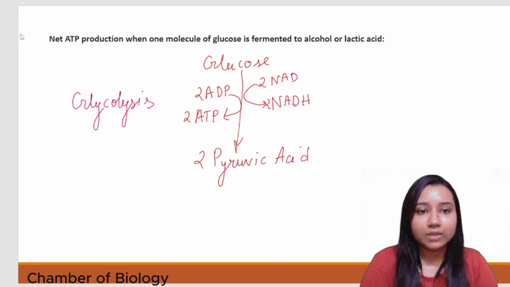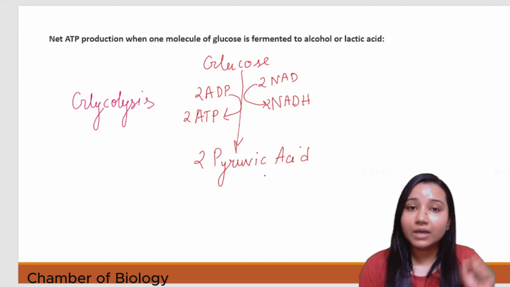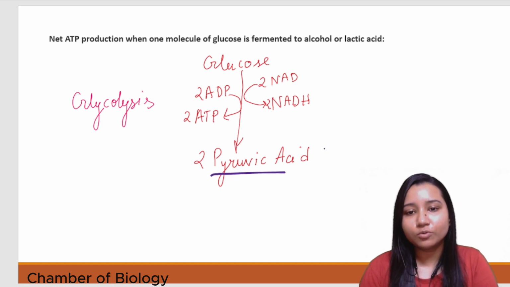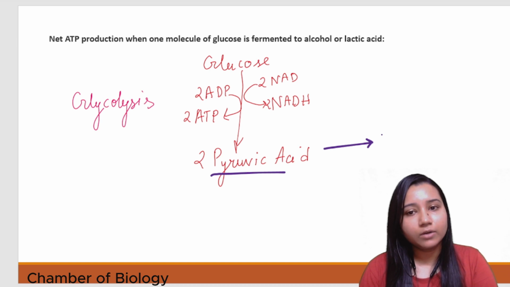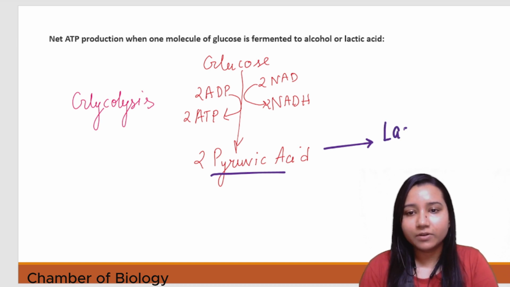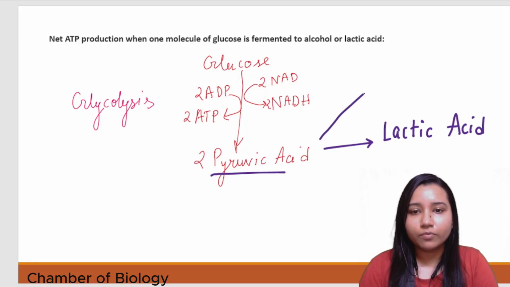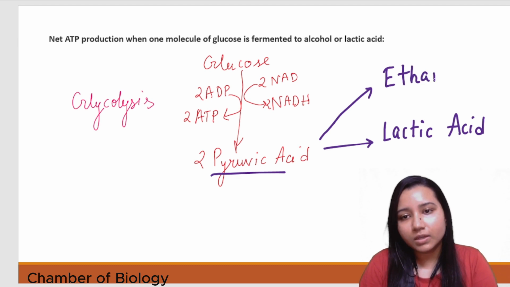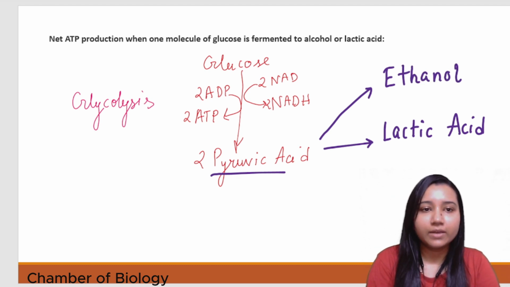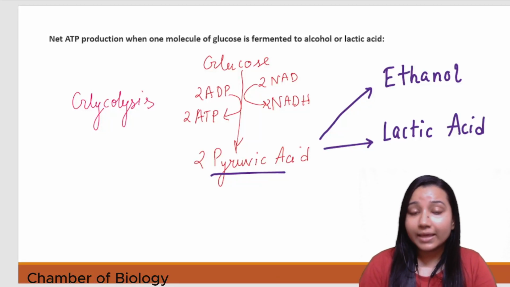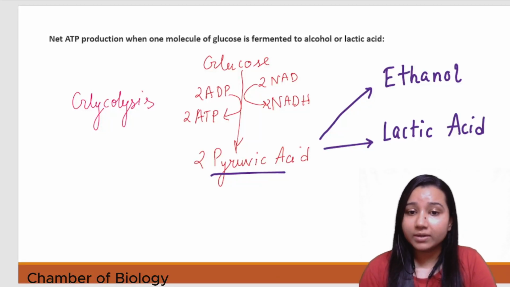Now, what was happening then in the anaerobic respiration? We have seen this pyruvic acid has two fates. It can undergo lactic acid fermentation, forming lactic acid, or it can form ethanol as well. So these are the two fates that we can notice. But students, there is no ATP forming here in these steps, right?